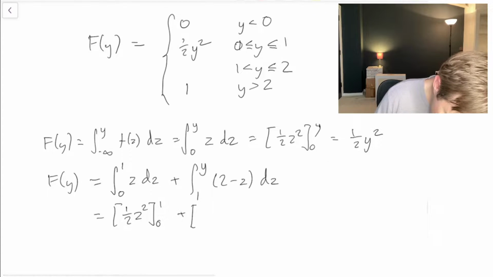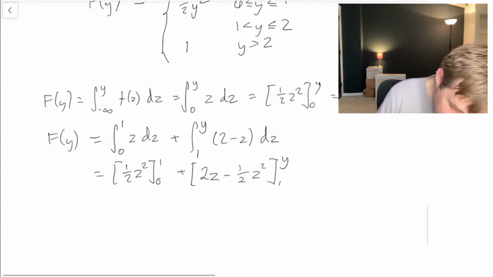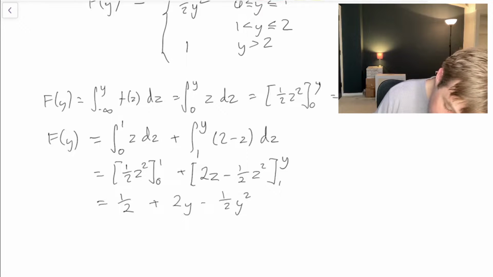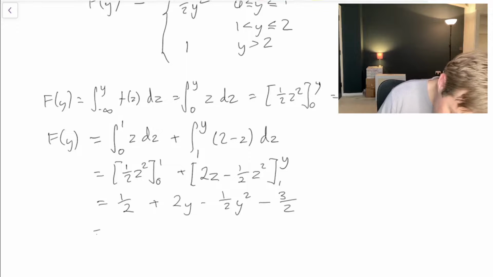This bit here, 2z minus half z squared between 1 and y. That comes out as a half. This comes out as 2y minus a half y squared minus 3 over 2. So it all comes out as 2y minus a half y squared minus 1.